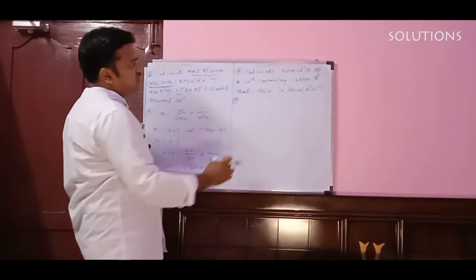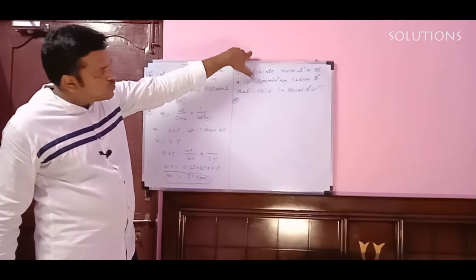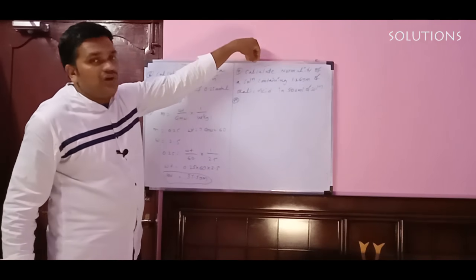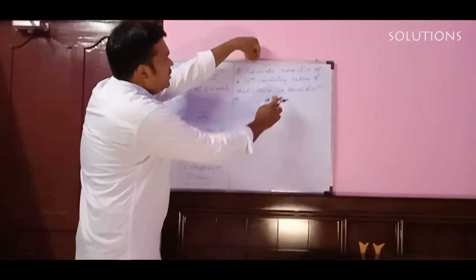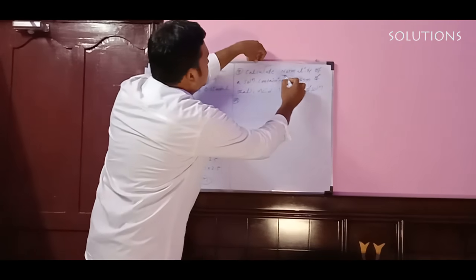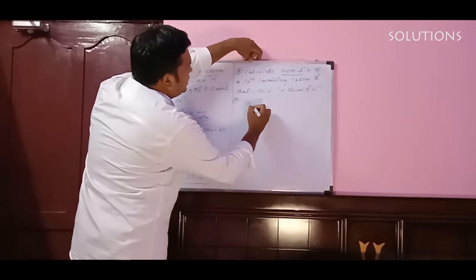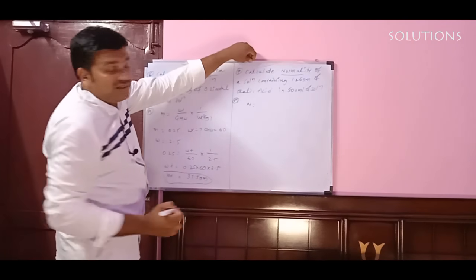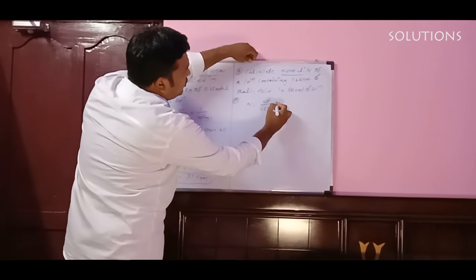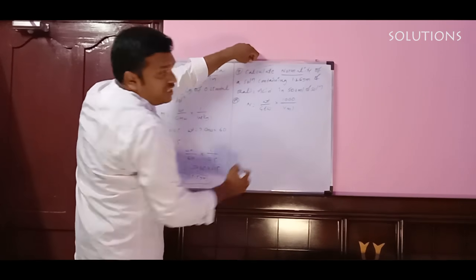Calculate the normality of a solution containing 1.26 grams of oxalic acid in 500 ml of the solution. Normality of the solution you have to find. You know the formula for normality. Normality is equal to weight by gram equivalent weight into 1000 by V in ml.